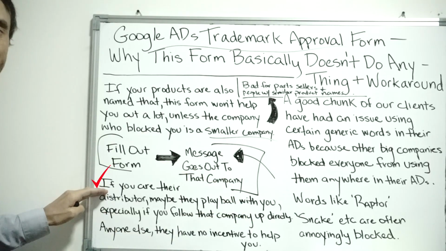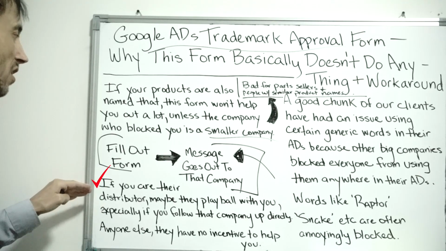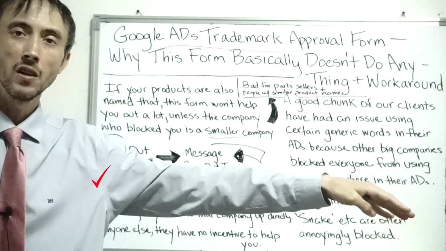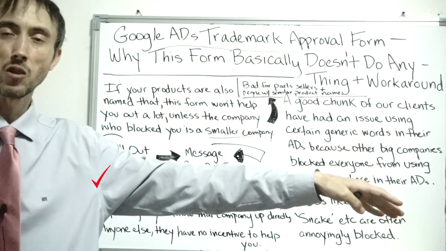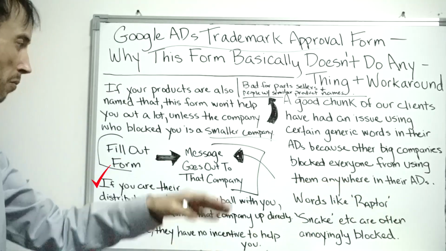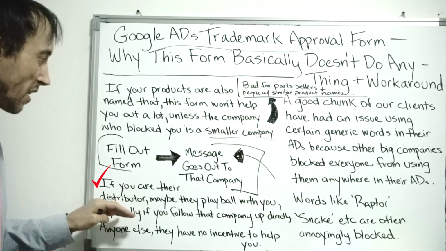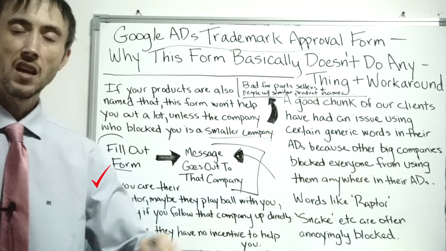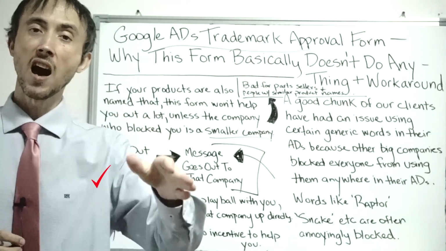But even in that instance, you generally have to reach out to that company directly, because that email will go out to the trademark holder and they're not pressed for time like you are to get the trademark approval request approved. So what I've seen you have to do is call or reach out to the company directly and say, hey, look, I know you've got a trademark block on this term.